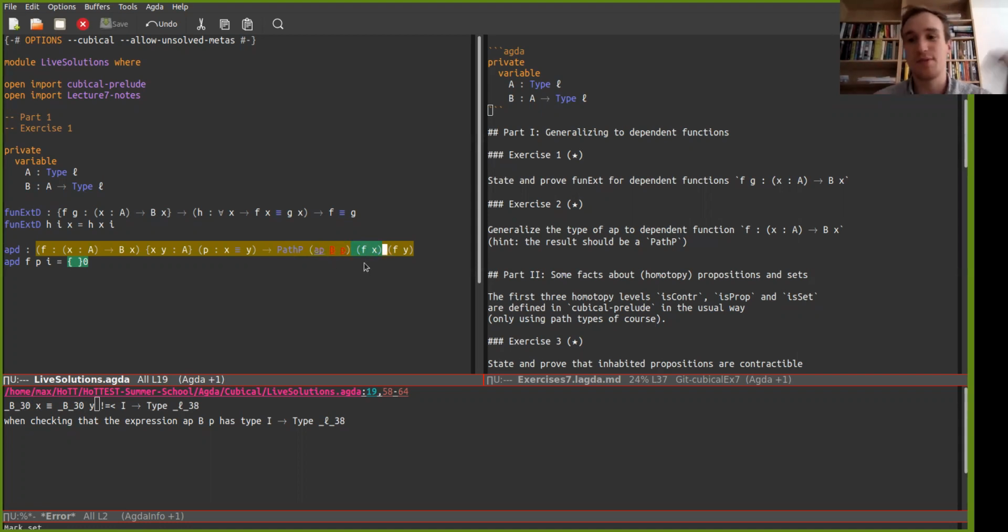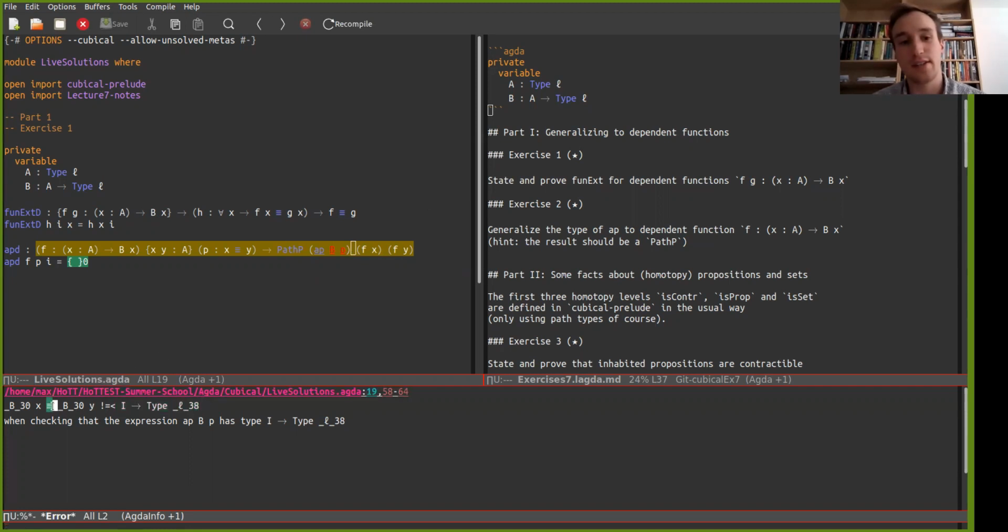So this is about the order in which things are handled in Cubical Agda. Path P is the primitive, so the first argument is only the family, and then something on the endpoints that has to compute.